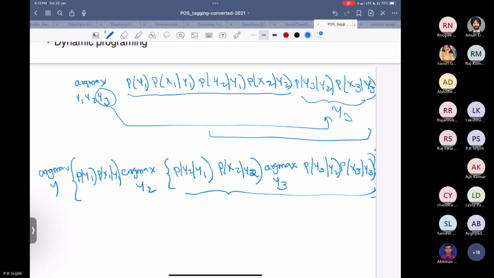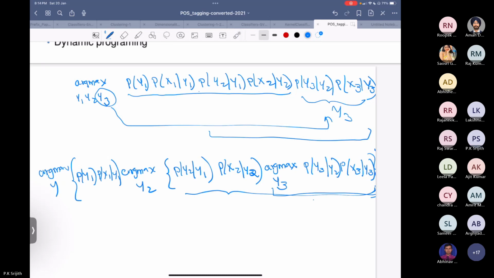So now when you take this maximization over y3, this is basically the argmax over y3 of p of y3 given y2 into p of x3 given y3.